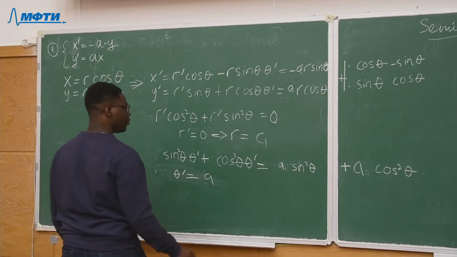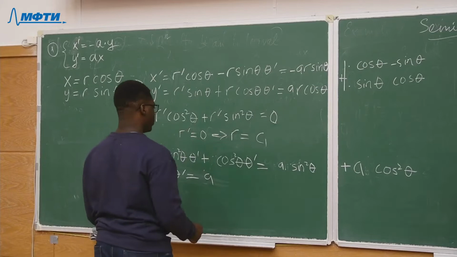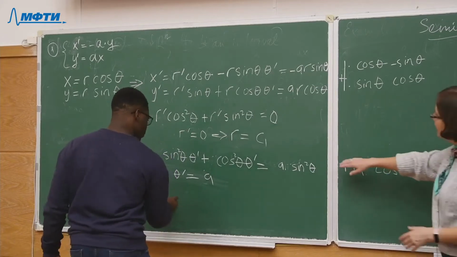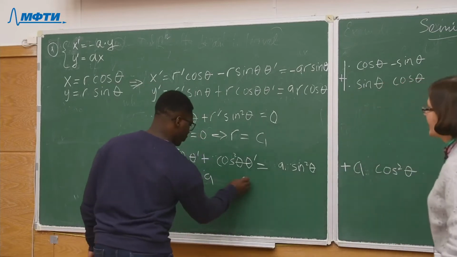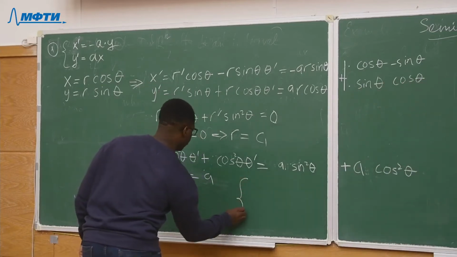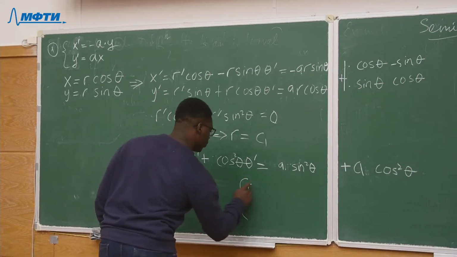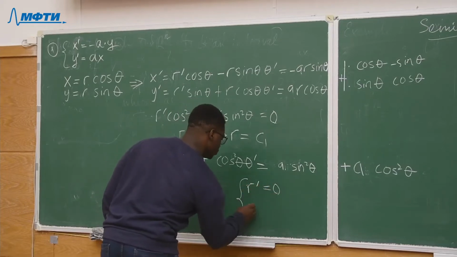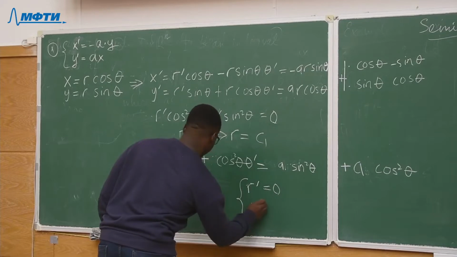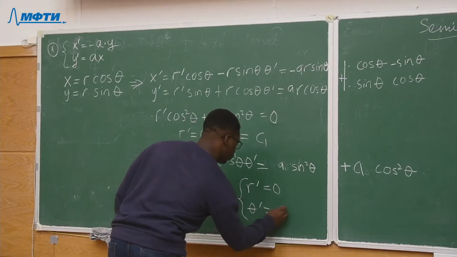And so the answer is: write these two equations as a system of differential equations. r prime equals 0 and theta prime equals a. These two equations can be solved. r is a constant and theta is equal to a multiplied by t.